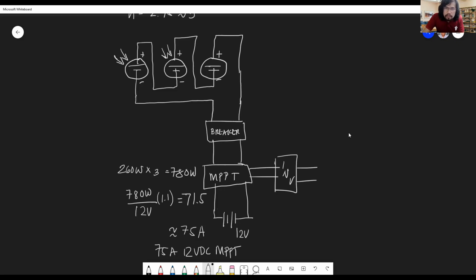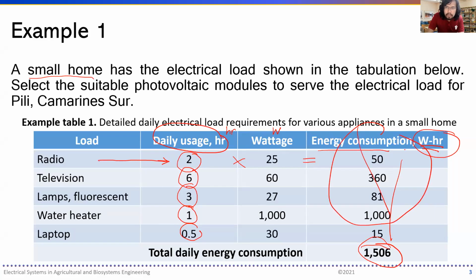Now for the inverter, it's actually just the total load. Let's see the total load, but not the daily load. Not this one, we're going to look at this one, at one time of the day.